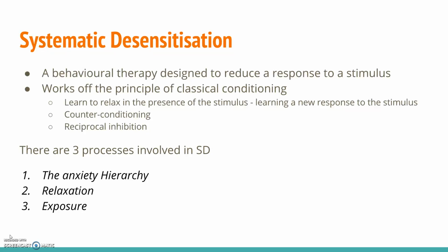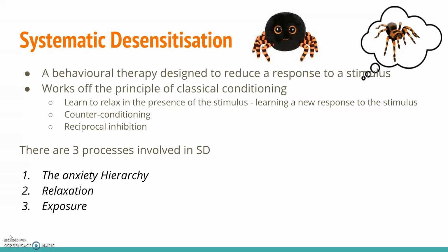So let's say somebody who has arachnophobia, they're afraid of spiders, their anxiety hierarchy might start off with them playing with a fluffy toy spider. They might then move on, and the next most frightening thing is actually thinking about a spider, a real spider, like what you can see on the picture there.